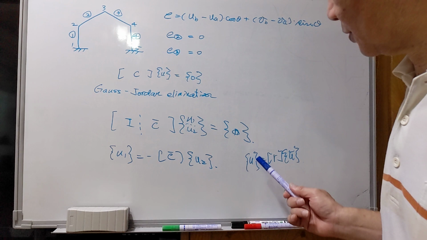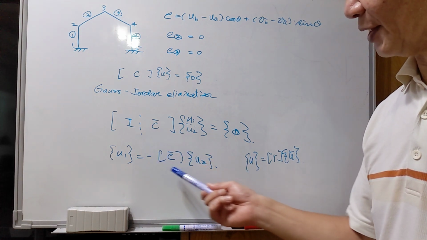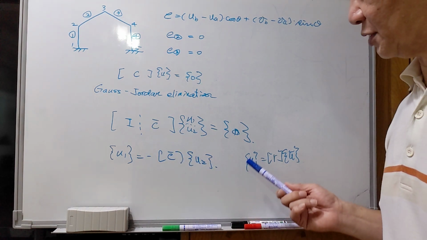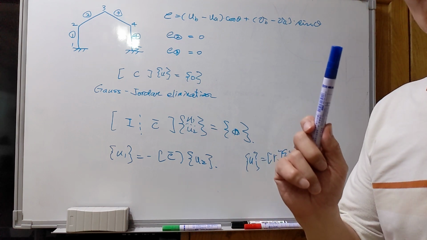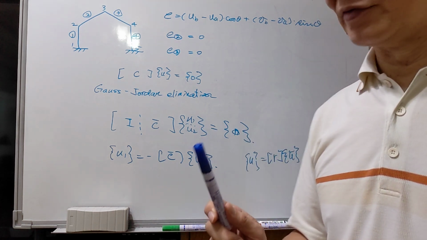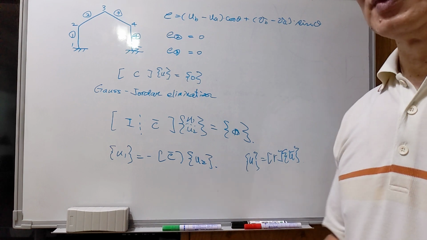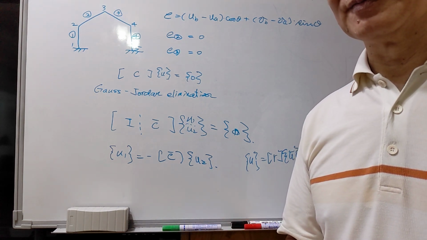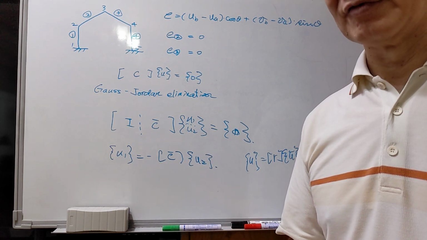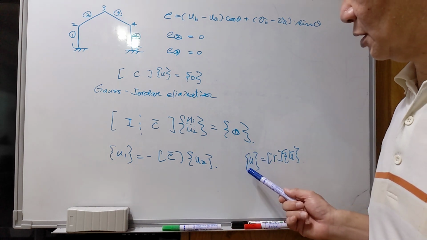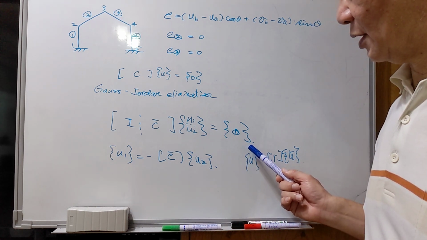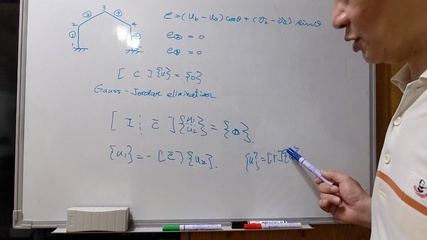So if you replace these equations to express the two dependent variables in the U vector, the other 13 variables will be shown in either the U and the U bar.